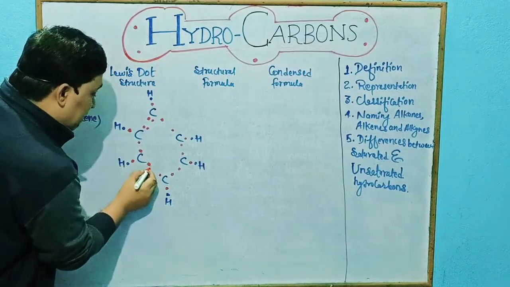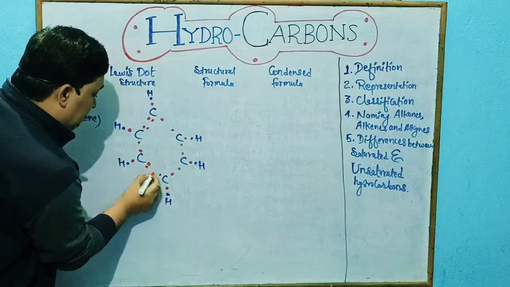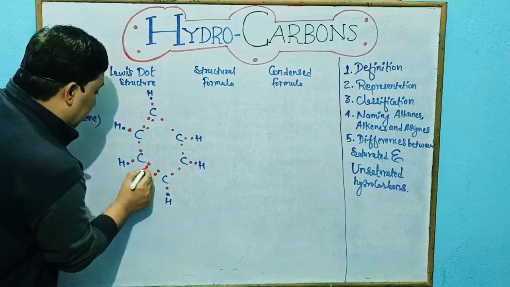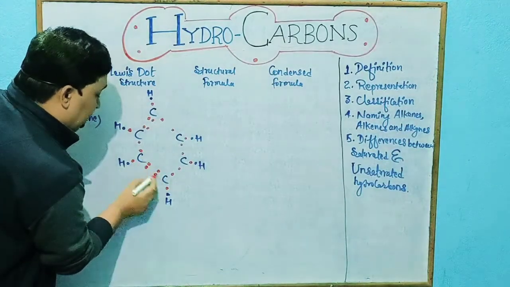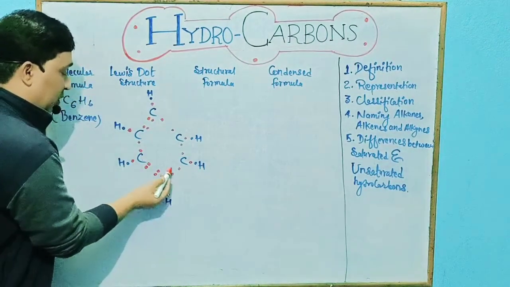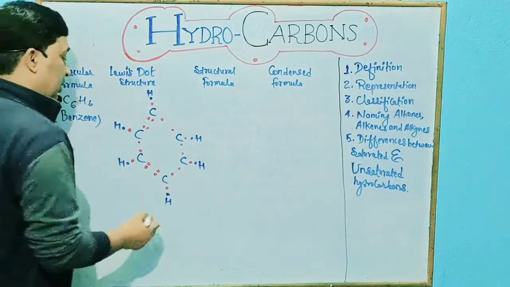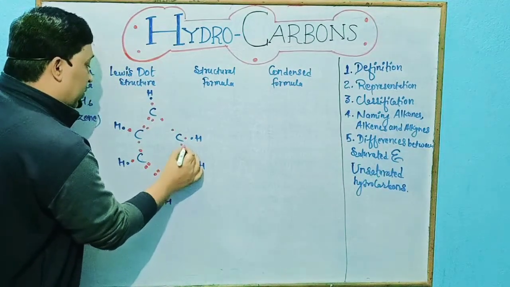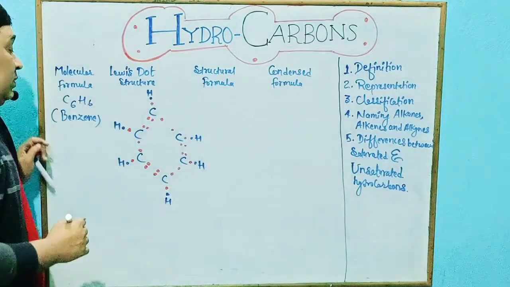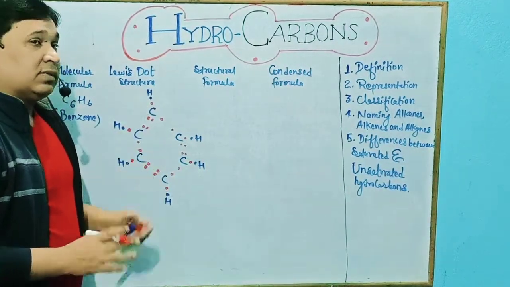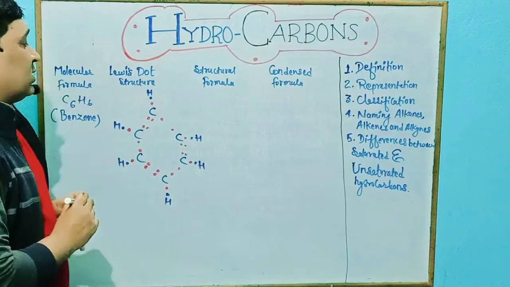So it will also share 2 electrons with the next carbon atom. So there is a double covalent bond between these carbon atoms. Similarly, 2, 3 and 4, all covalences are fulfilled and shared. Now coming to this, 1, 2, 3, only 3. So there must be a double bond between these two atoms. Now if we see all the carbon atoms, the covalence is fulfilled, representing the structural formula.